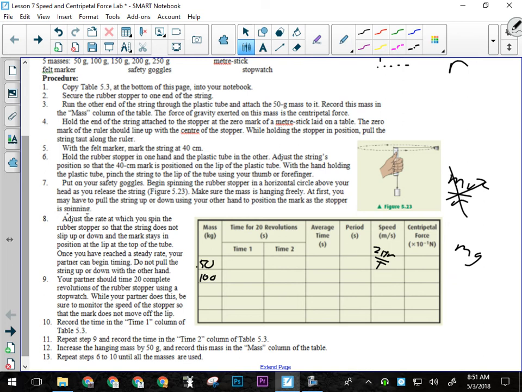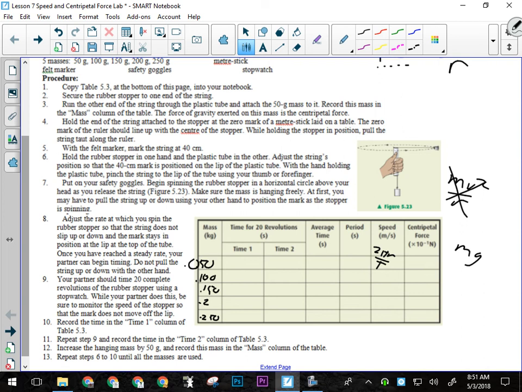But I would put these in kilograms since that's what the chart says. So 0.5, or actually it should be 0.05, 0.1, 0.150, 0.2, 0.250. We don't want to get really heavy on here because the heavier you get, the faster it's going to whirl, and it gets kind of crazy when you get too much mass on that.